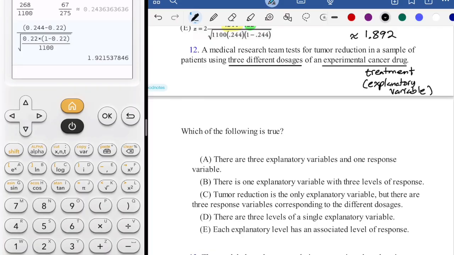It's not always true, but in this case, the treatment is an actual treatment, in theory. The dosages would be the different levels. So we would be looking at 3 levels of a single explanatory variable. So choice D. That's really what's going on there.